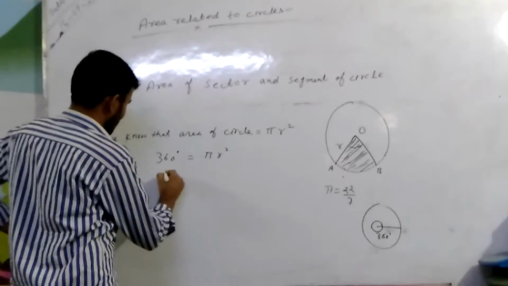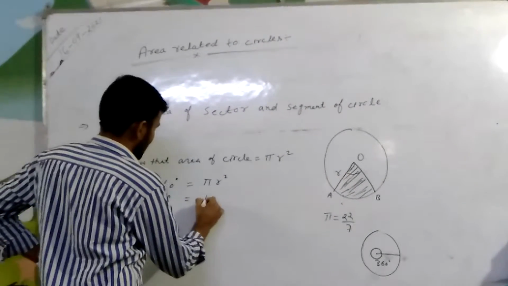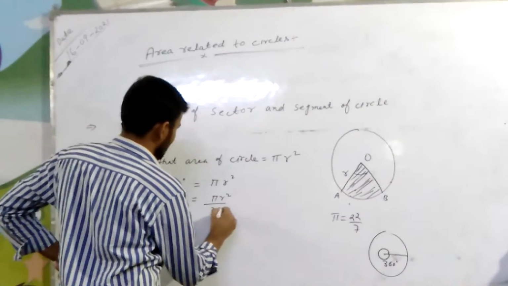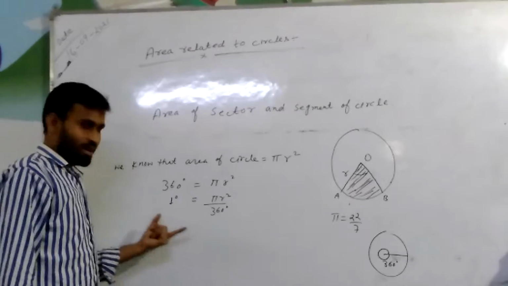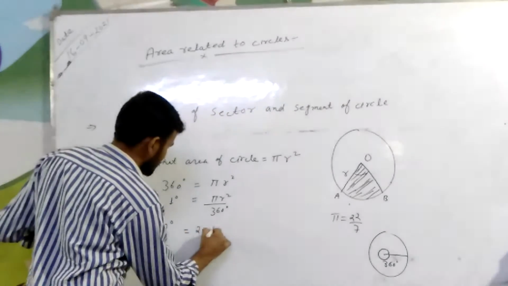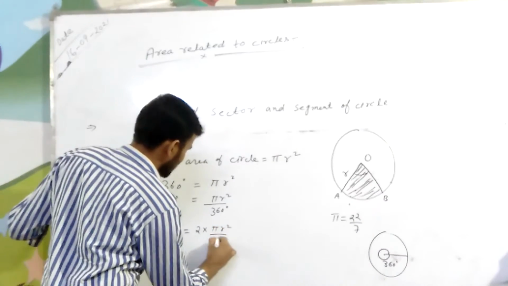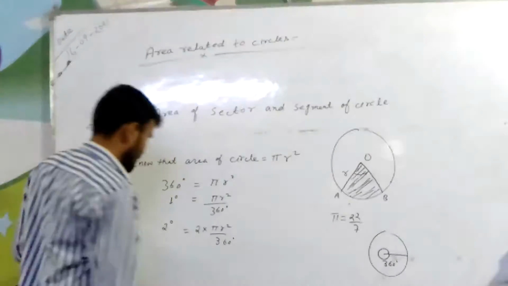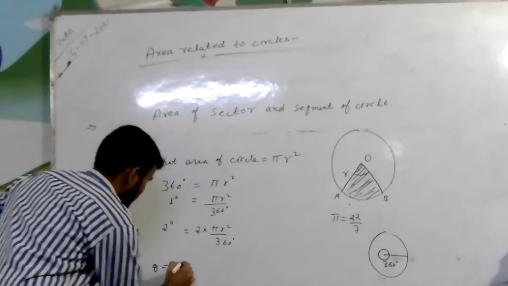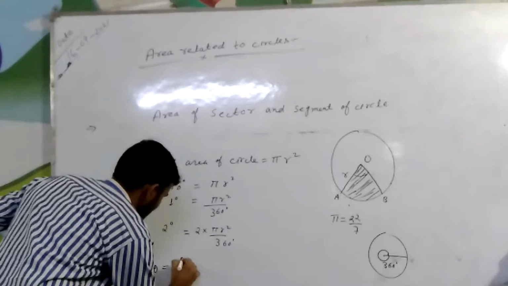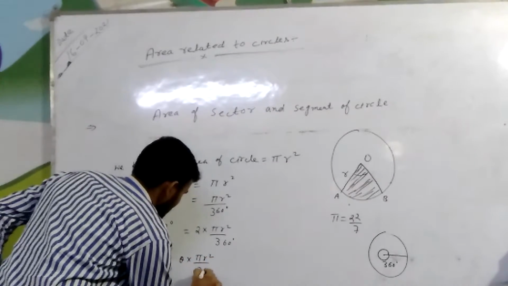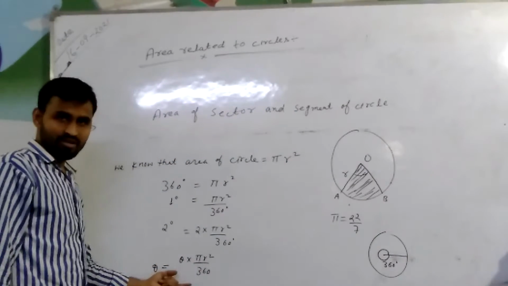If the angle is 1 degree, then the area is pi r square upon 360. If the angle is 2 degrees, then the area is 2 into pi r square upon 360. And if the angle is theta degrees, then the area is theta into pi r square upon 360.